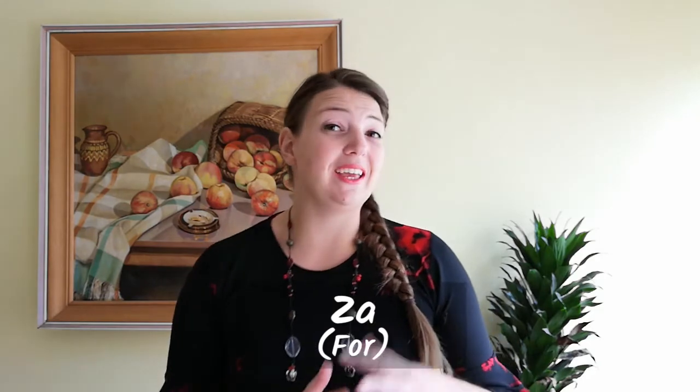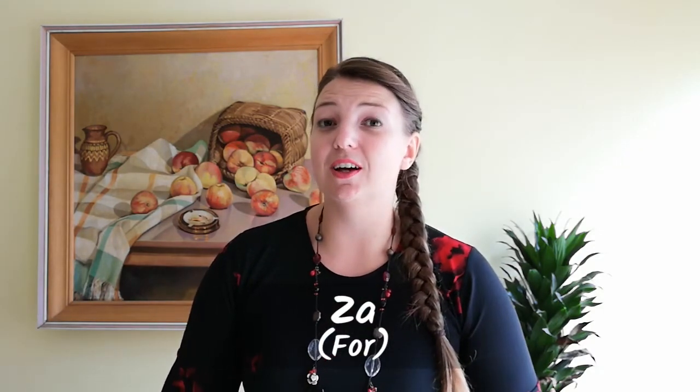Now, the final preposition I want to talk about is the preposition za. Be careful with the prepositions because prepositions can be translated with different words in English, right? So za can actually mean for, like you're doing something for someone, but it is also translated as after, going after someone. Now, the first version, when something is for someone, is when you use the accusative case.